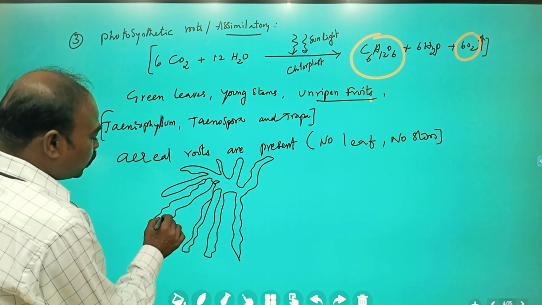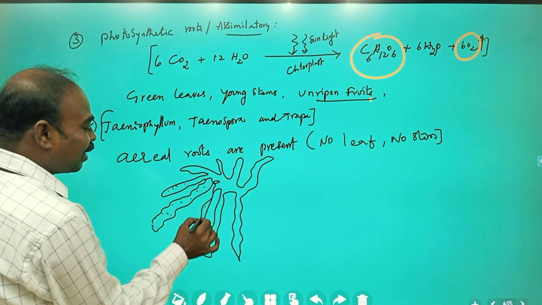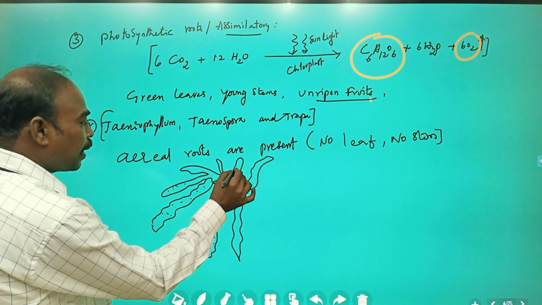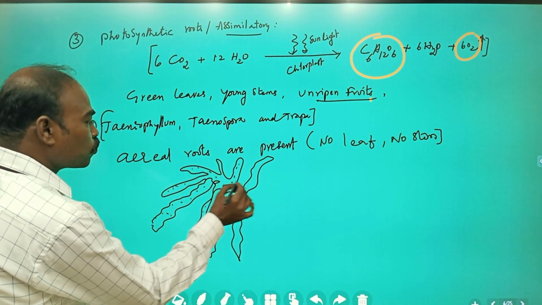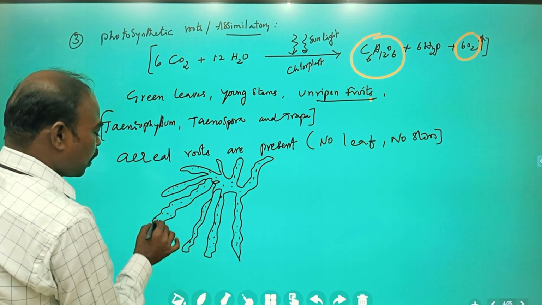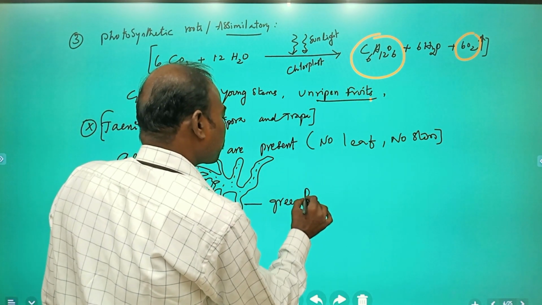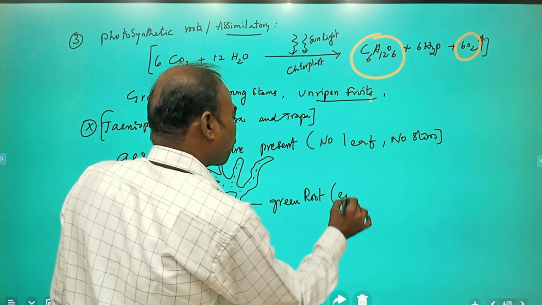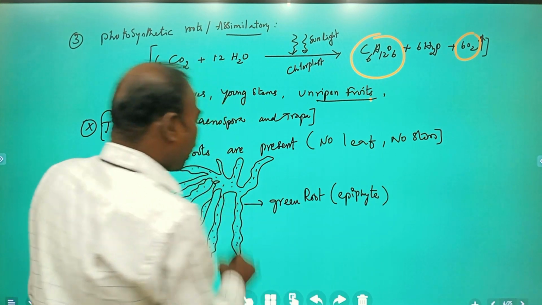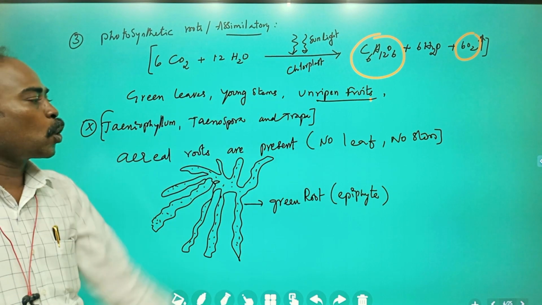These epiphytic roots have chlorophyll pigments in the chloroplasts and are green in color, and grow on other plants. These green tissues absorb water from the atmosphere and prepare food through photosynthesis.